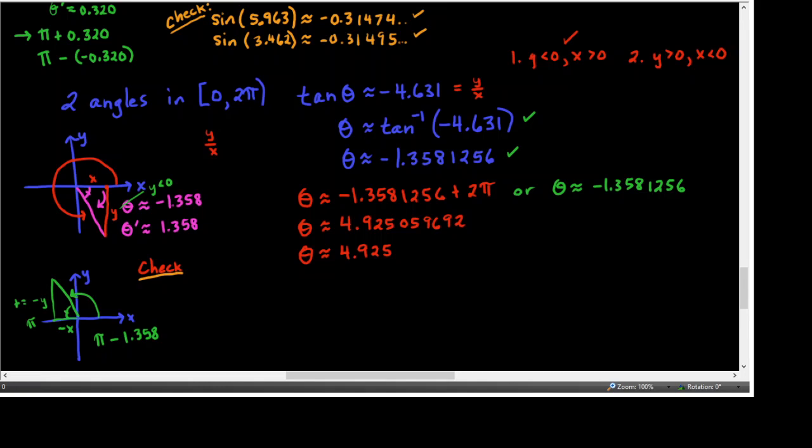And if I want pi minus that, isn't that the same thing as negative 1.358 plus pi, isn't that the same thing? So over here, I'm going to retype that, get the negative 1.3 number in again, and add pi to get our angle.